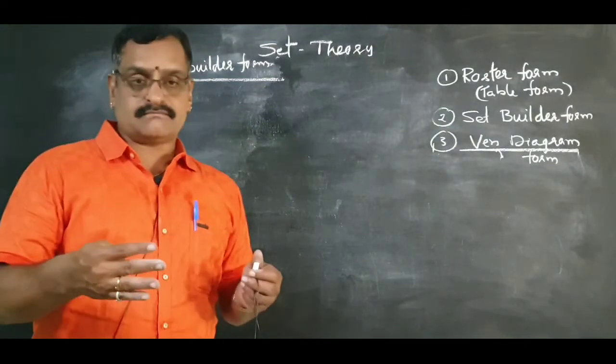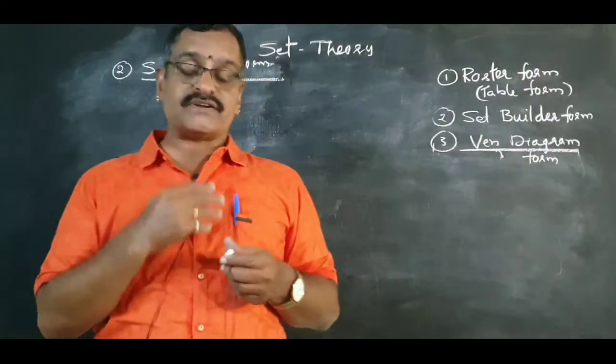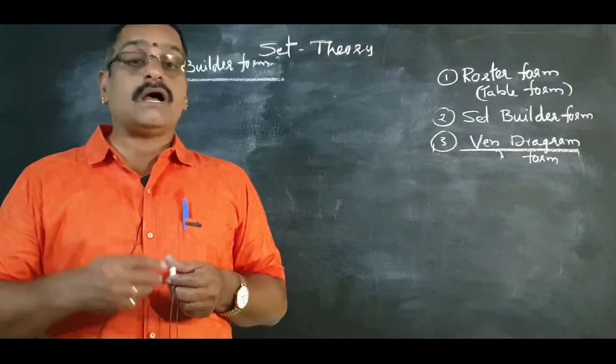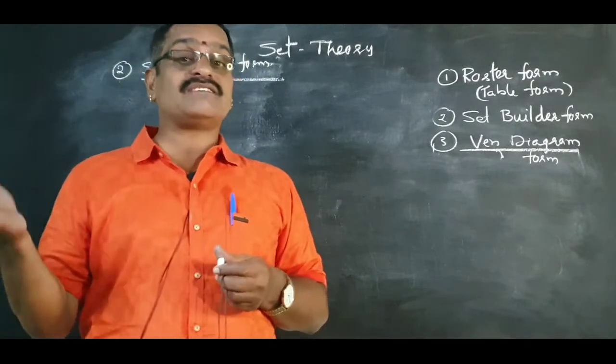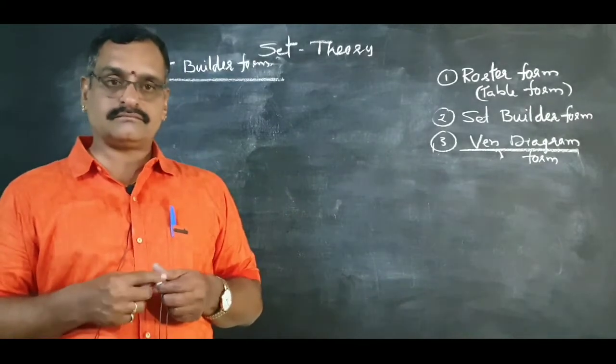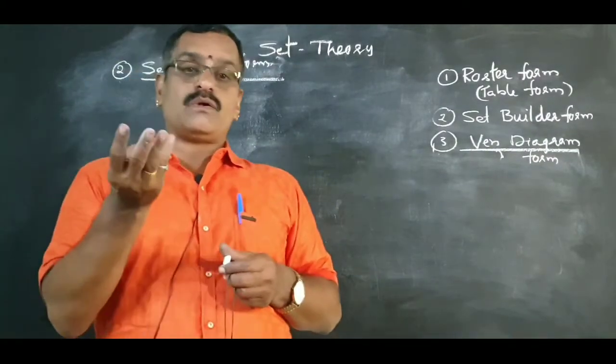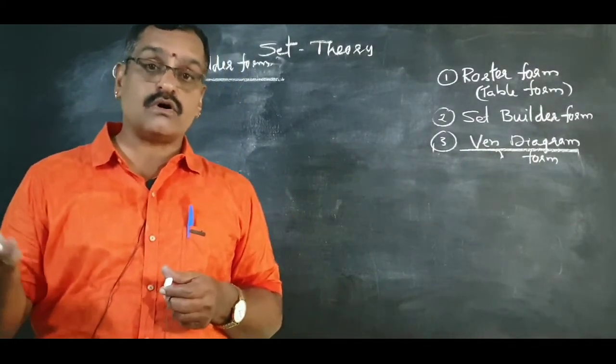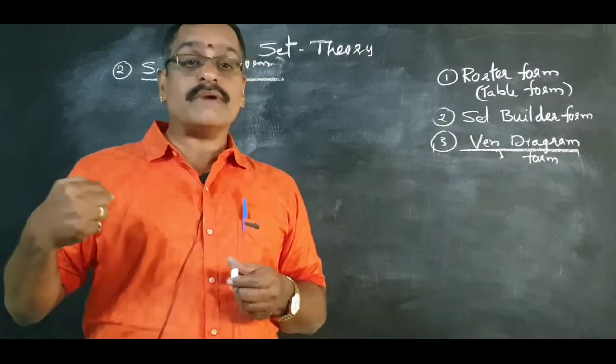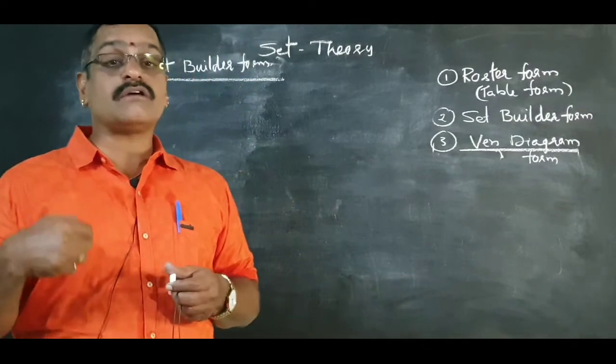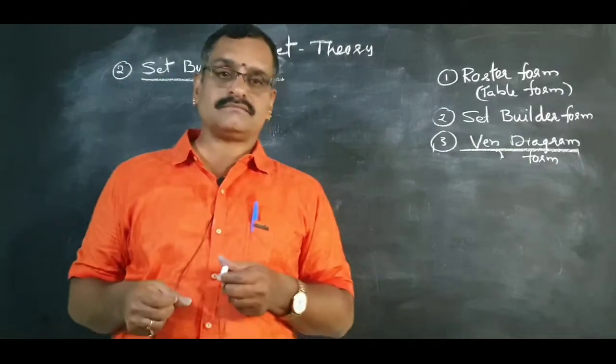Suppose I have a set, say X, which is the set of all the natural numbers less than 1000. We know the elements. What are they? 1, 2, 3, 4, and so on up to 1000. To make a list takes a lot of time.